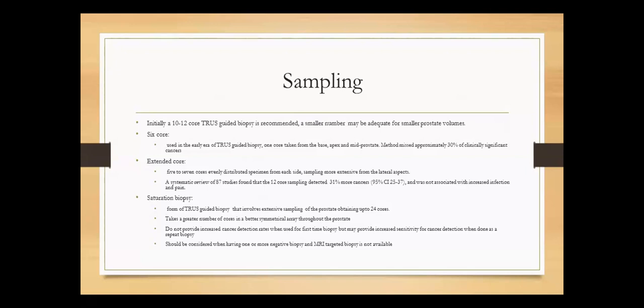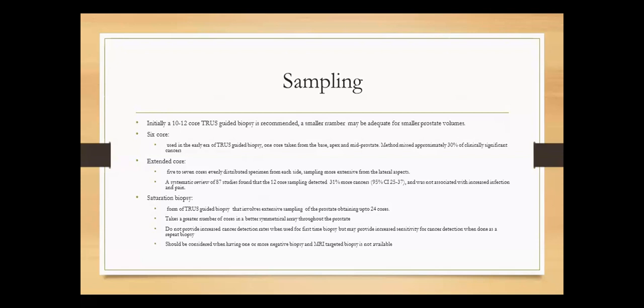So we take about 5 to 6 cores, evenly distributed, from each side of the prostate. A systematic review of 87 studies found that 12 core sampling detected 31% more cancers and was not associated with increased infection and pain.